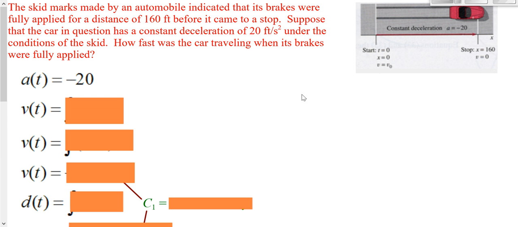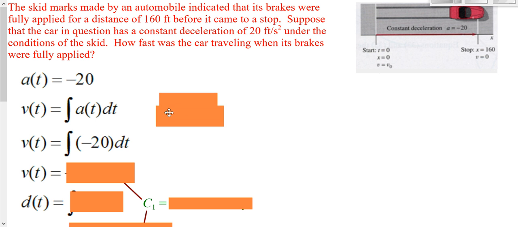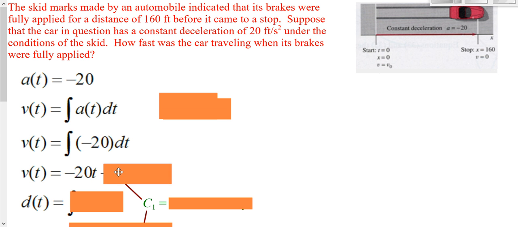On these types of problems, whether it's projectiles or anything like this, we always start with acceleration. Then we work backwards to get to your velocity and your distance. To go from acceleration to velocity, we have to integrate your acceleration. So we integrate our negative 20, and we get negative 20 times t plus c.